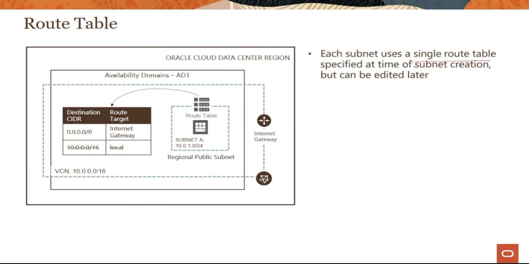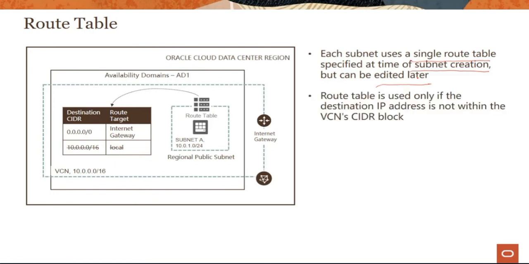Each subnet can only have a single route table. You can specify that when you are creating the subnet, or you can edit it later if you are not sure what kind of route table to use. A route table is used only if the destination IP address is not within the VCN's CIDR block.